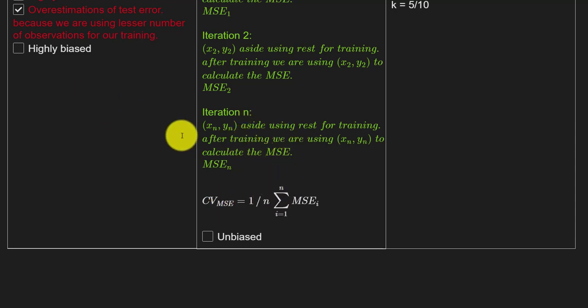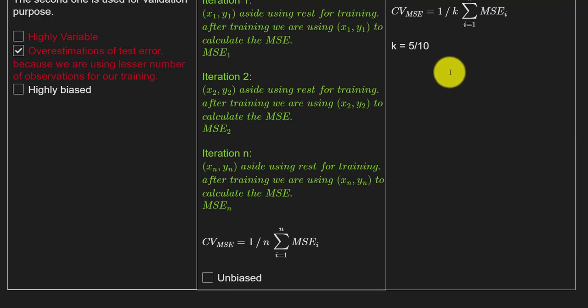Now if I apply the same logic to k-fold, its bias will be somewhere between the validation set approach and LOOCV, right?